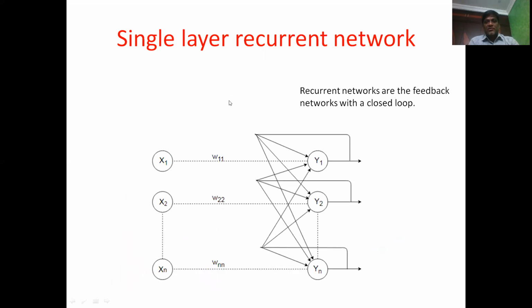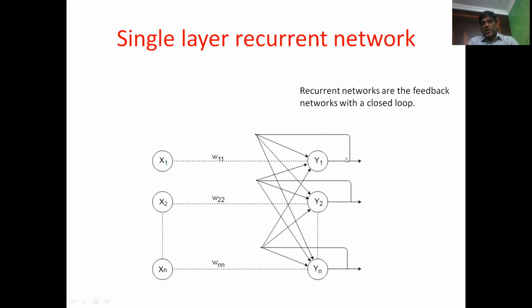The next category of neural network architectures is single layer recurrent neural network, where we make use of feedback neurons only. If you observe this, the output of y1 is connected back to y1, y2, and so on up to yn.